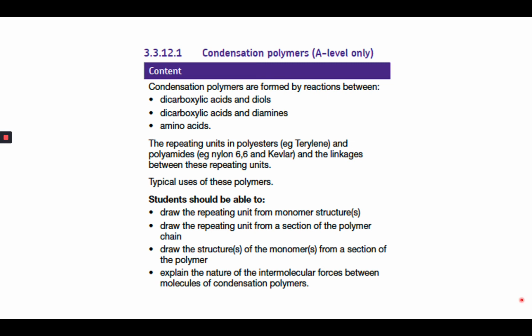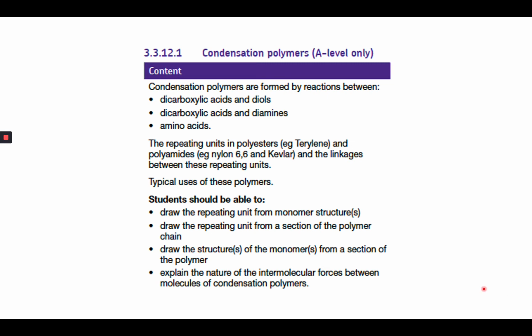So one of the things to look at, if you look at the top, where it talks about polymers formed by reactions between, is that we're seeing things that are both familiar and new. So we're seeing dicarboxylic acids, diols, and diamines. We are familiar with the carboxylic acid functional group, the alcohol group, and the amine group, but we're now looking at molecules that could feature two of those groups on the same molecule.